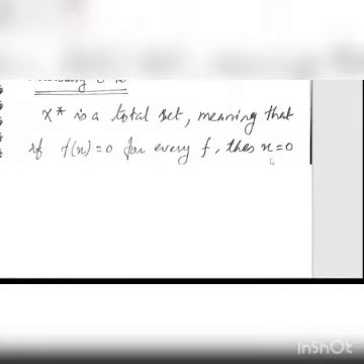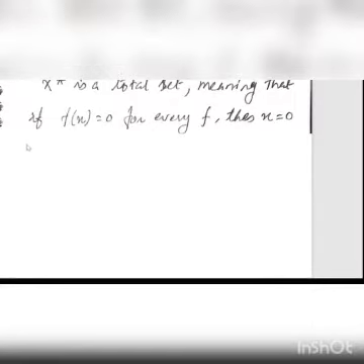What you want to prove is that if f of x equals 0 for every f, then x equals 0. So the proof is like this.